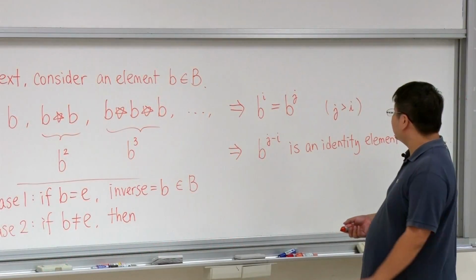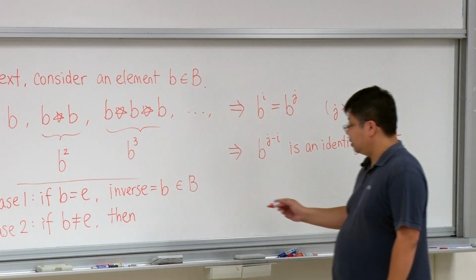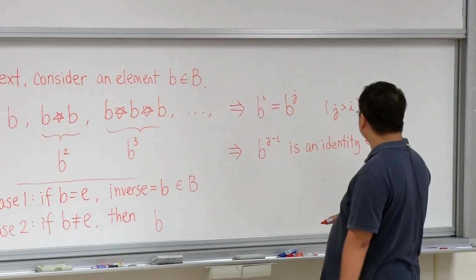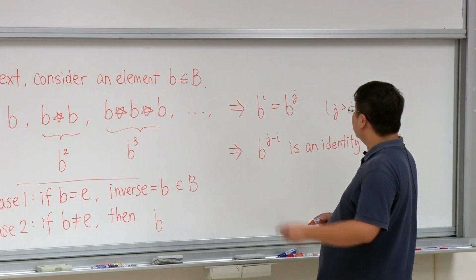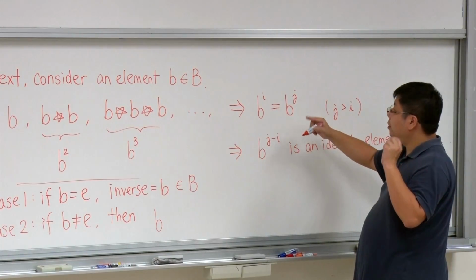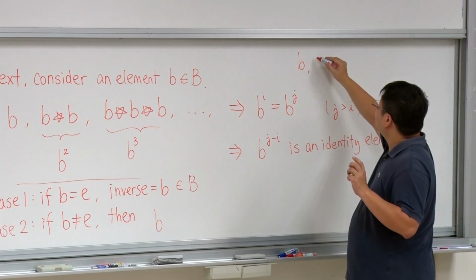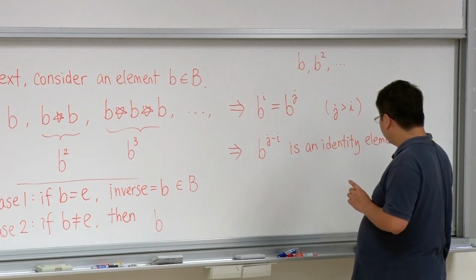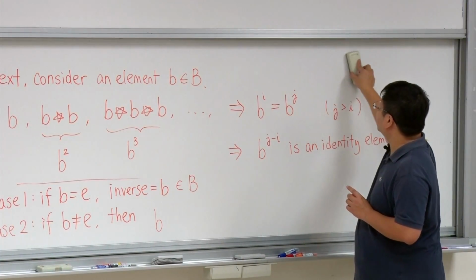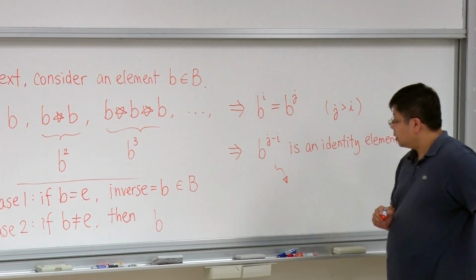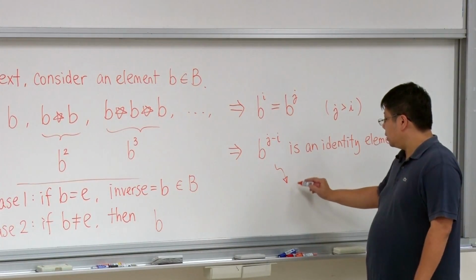what? And then b to then what? To get back to the same. So from b squared and so on and so forth. So let me see. Then it implies what?